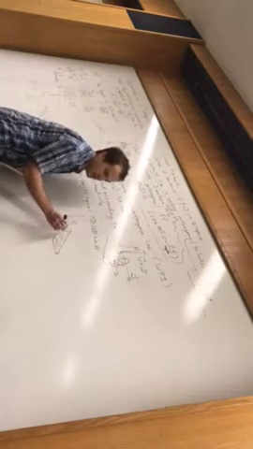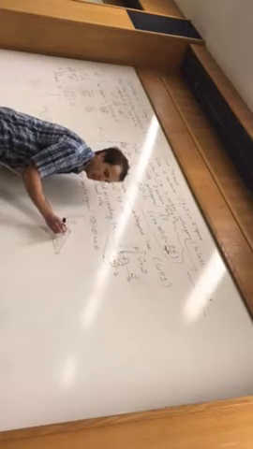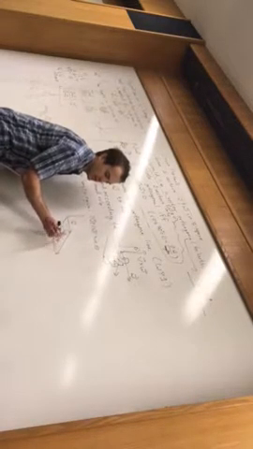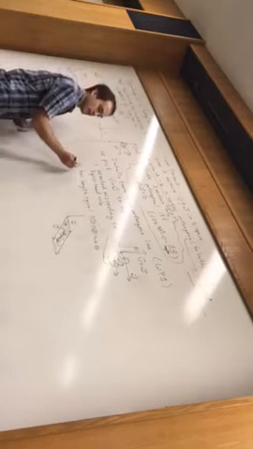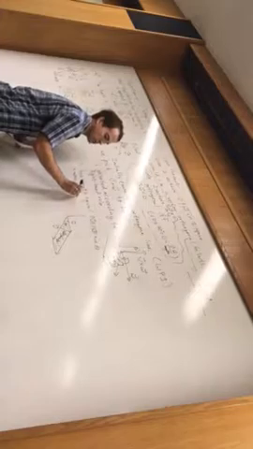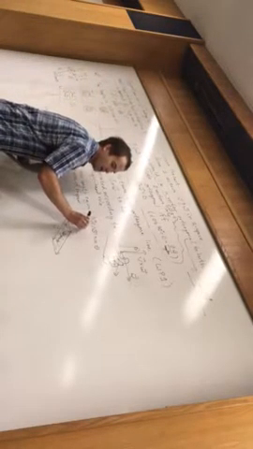Base is the length of v, height is the length of w times the sine of the angle between them. So the length is v w sine theta, i.e. the area of the parallelogram. So the length of the cross product is equal to the area of the parallelogram formed by w and v.